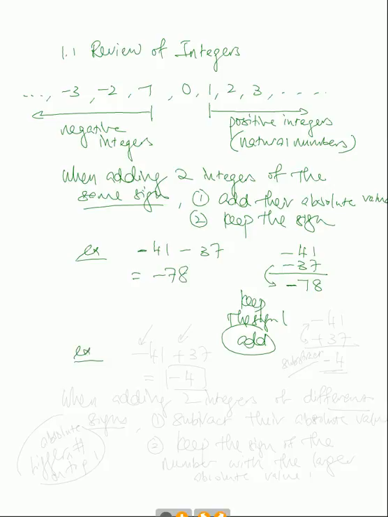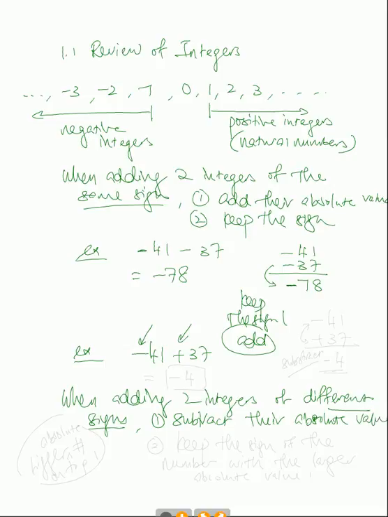Now compare this to, for example, -41 with +37. This is where the two signs are different. So what do you do when the signs are different? When adding two integers of different signs, you have to subtract, but what you're really subtracting is the absolute values.